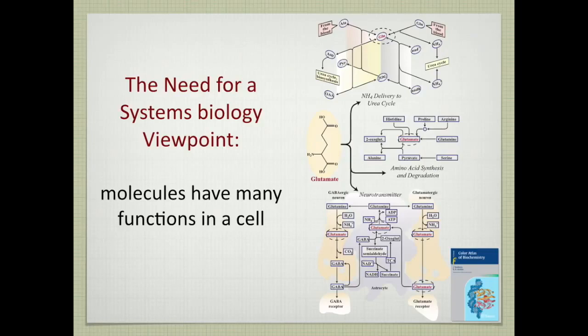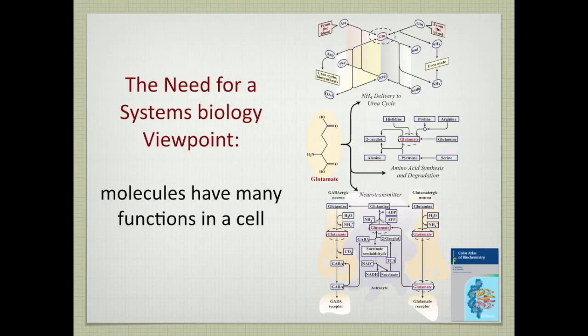But as these chapters add up, you're probably thinking, just a minute, 3 chapters ago I was told glutamine does this, now I'm being told it does this. But glutamine does all these things. And many other molecules do all these things, like cyclic AMP, ATP, and so forth. They function in multiple different cellular processes. So it is impossible to reconcile those functions conceptually.